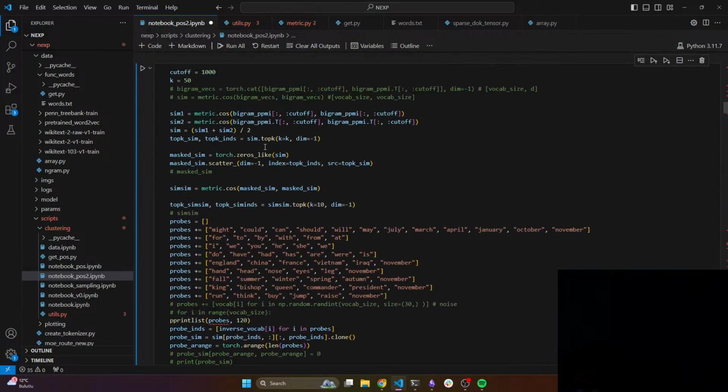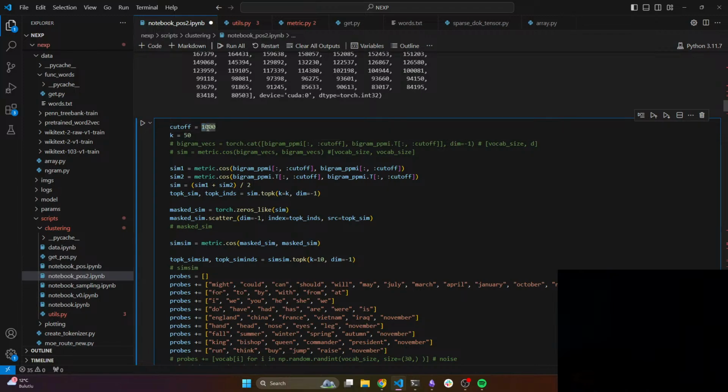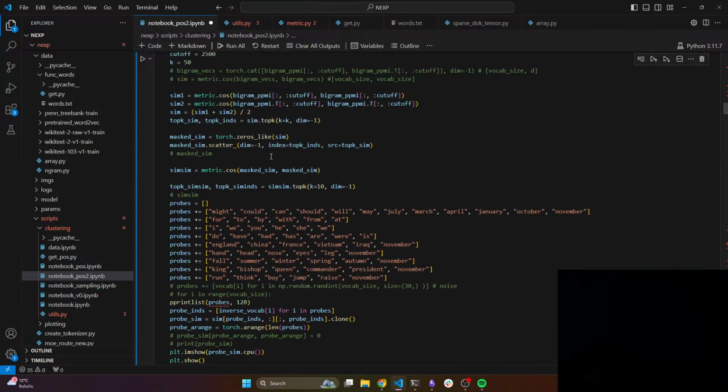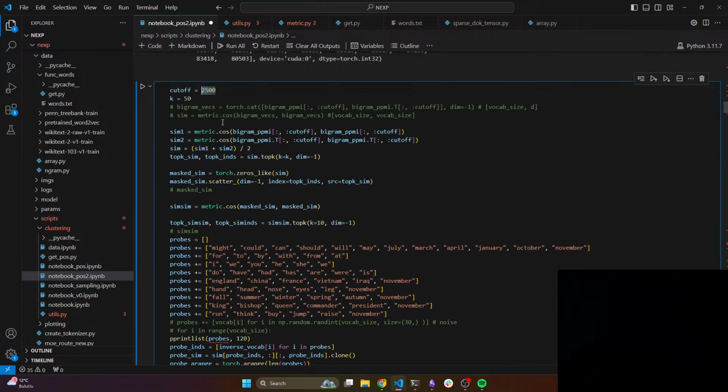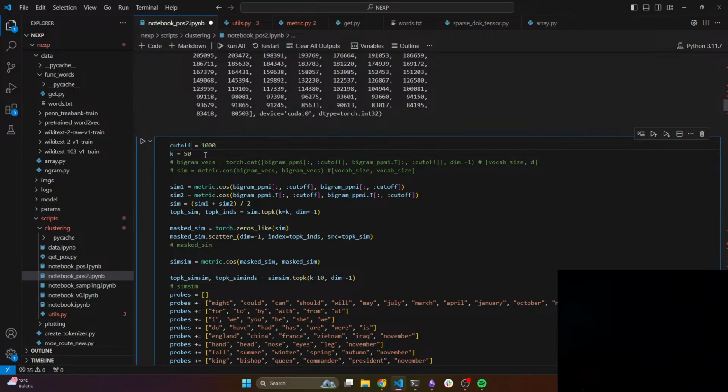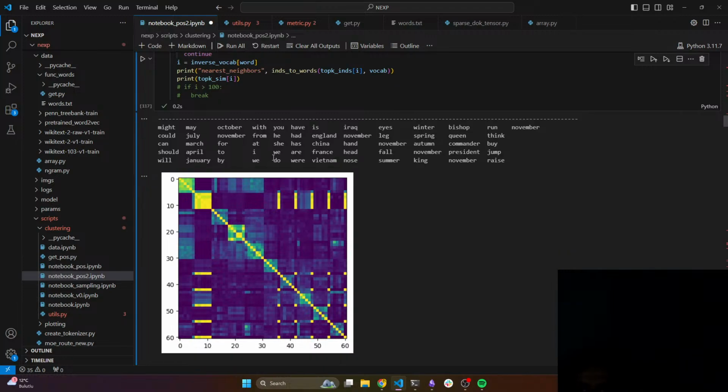So with 1,000 context words, we can have good separation between semantic categories. Now, why 1,000? What makes 1,000 so special? I mean, probably it's not strictly 1,000. Probably 700 also works, right?